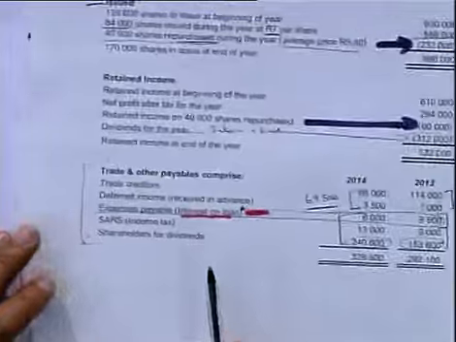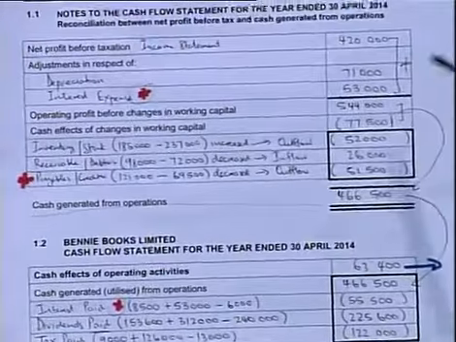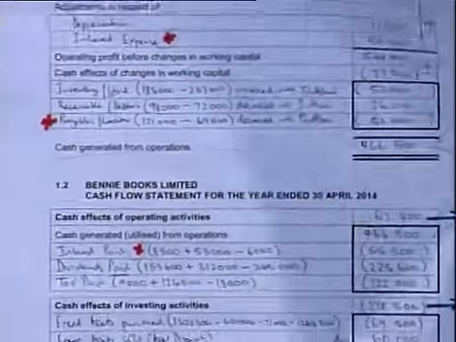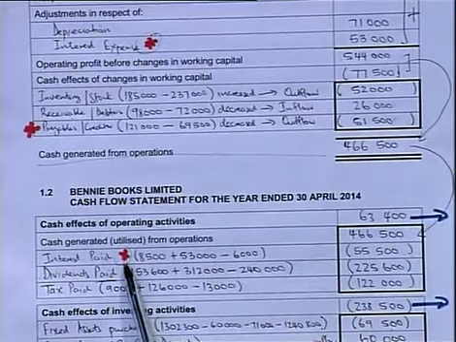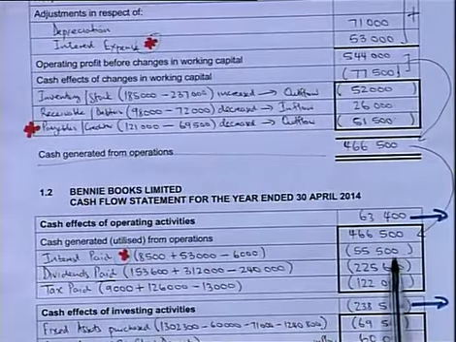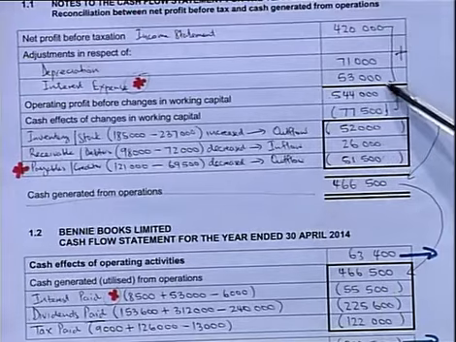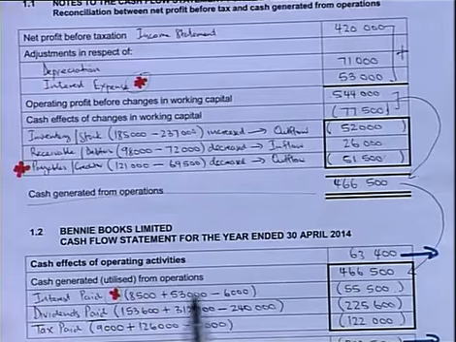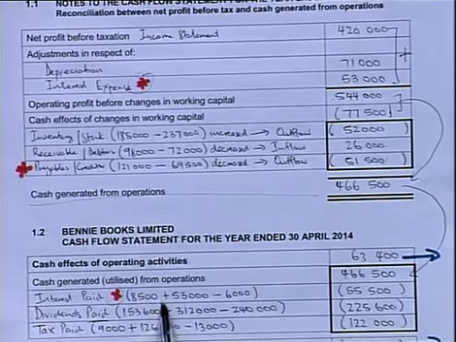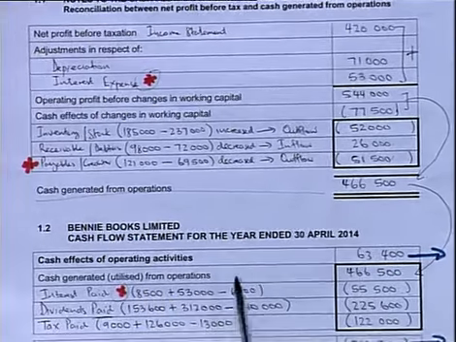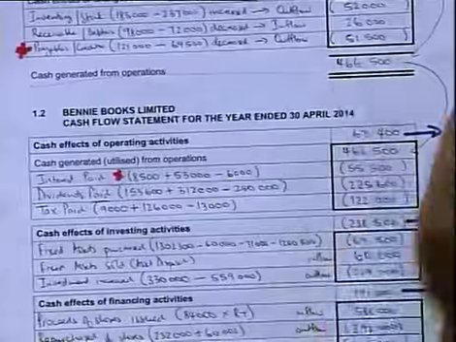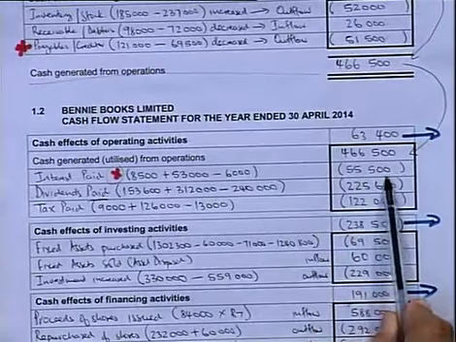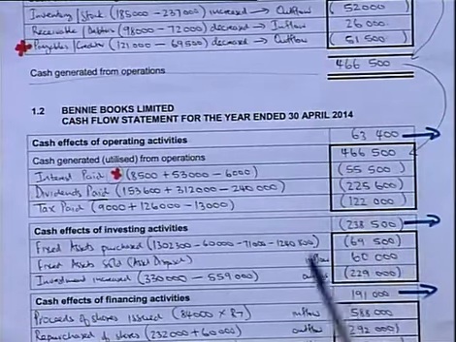Because of that, the interest expense figure in the note and the interest paid figure in the cash flow will not be the same. The interest expense figure you get from the income statement, which is 53,000. But the interest paid figure will now have to take those amounts that appear under the payables into account. That's why it's 8,500 plus the interest expense minus the 6,000. So you'll get 55,500 and it has to go in brackets.